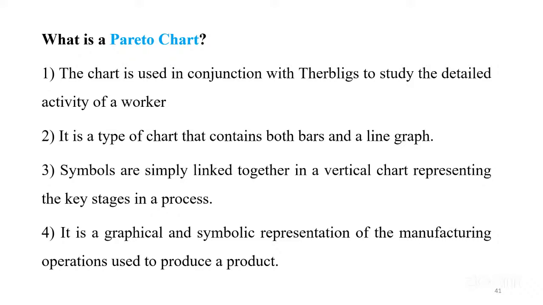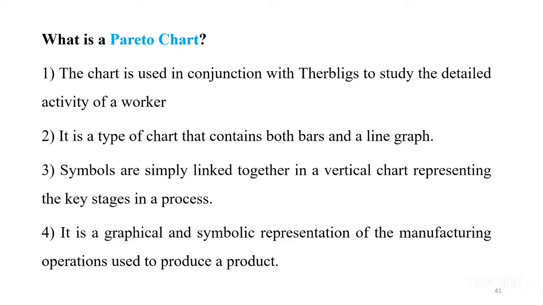Third one, symbols are simply linked together in a vertical chart representing the key stages in a process. Then the last one, it is a graphical and symbolic representation of the manufacturing operations used to produce a product.